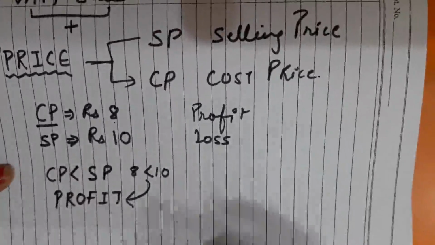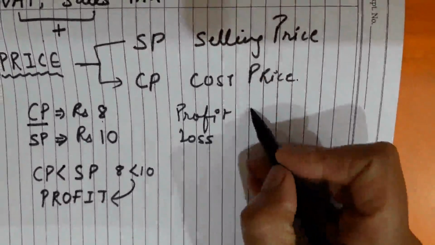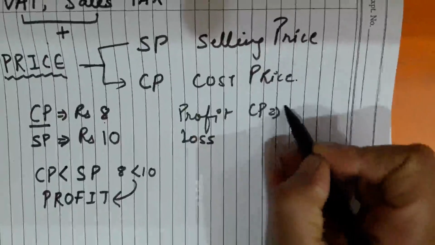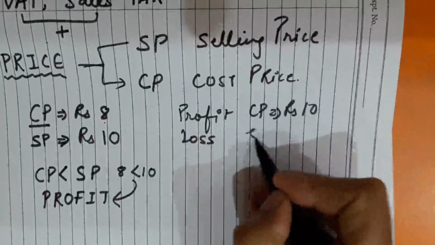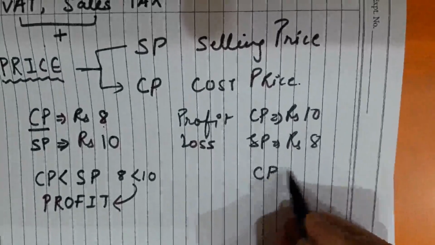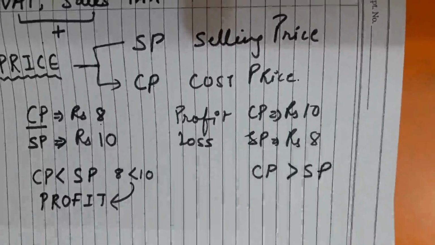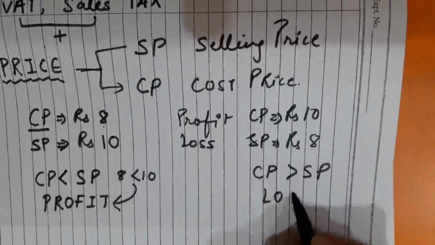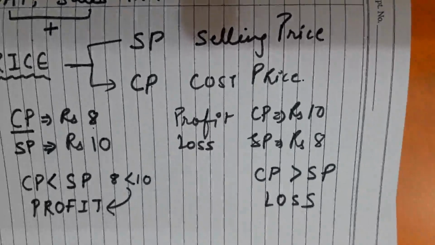But let's reverse the situation. I have bought that pen at rupees 10 and I am selling at rupees 8. It means your cost price is greater than your selling price. In this case, you will face loss. Getting my point?